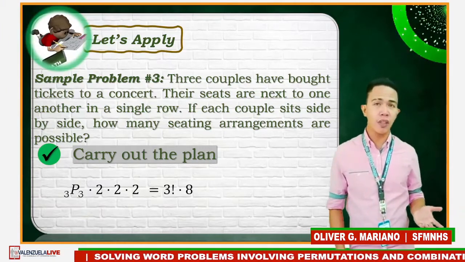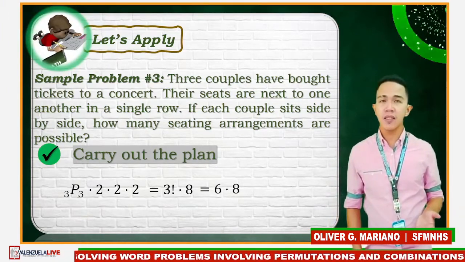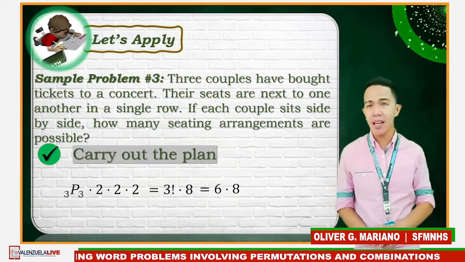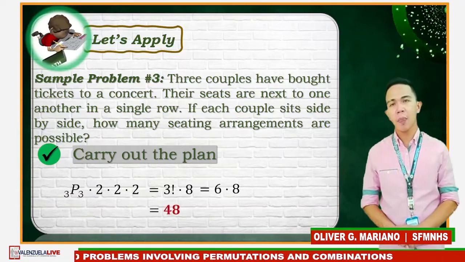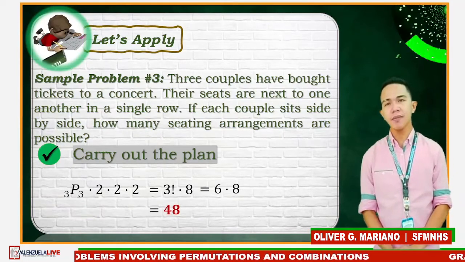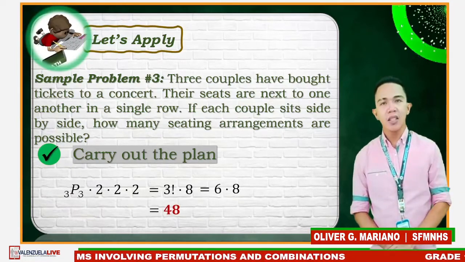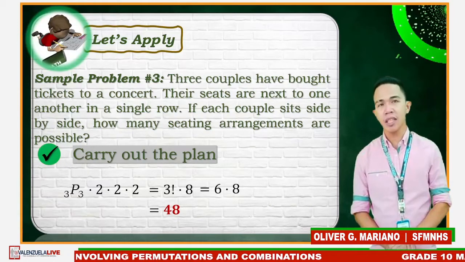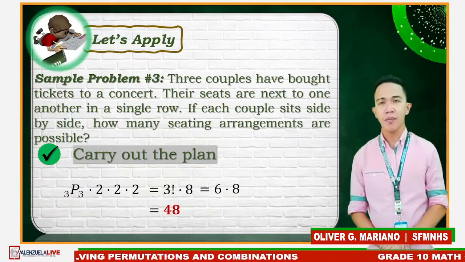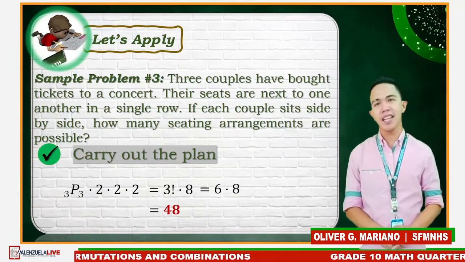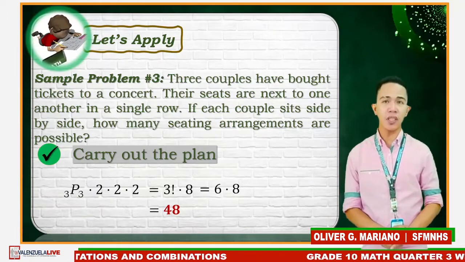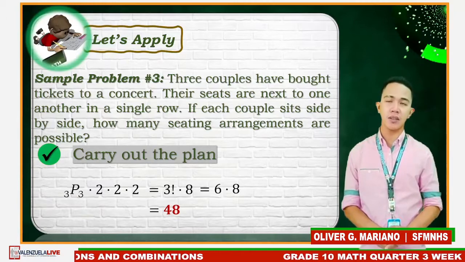But the value of 3 factorial is 6. So we have 6 times 8, which gives us 48. Looking back, we have carried out the steps correctly. Nice. Thus, we can say that there are 48 possible seating arrangements.